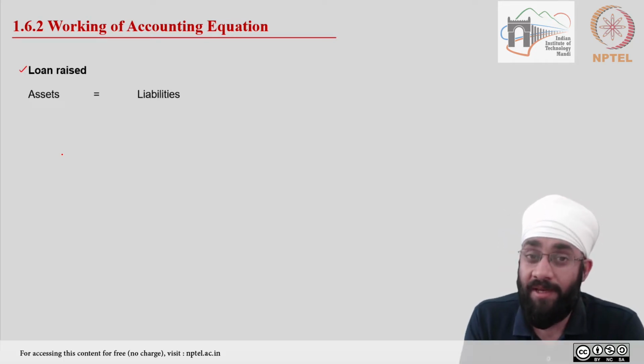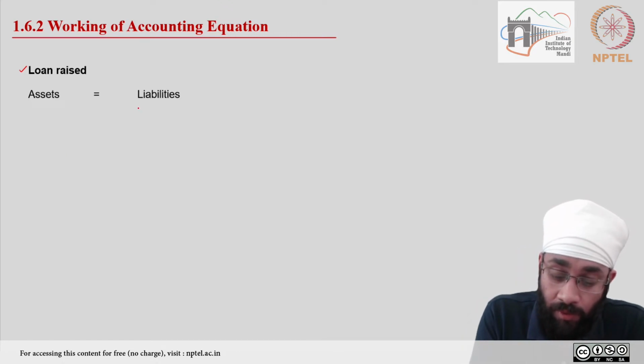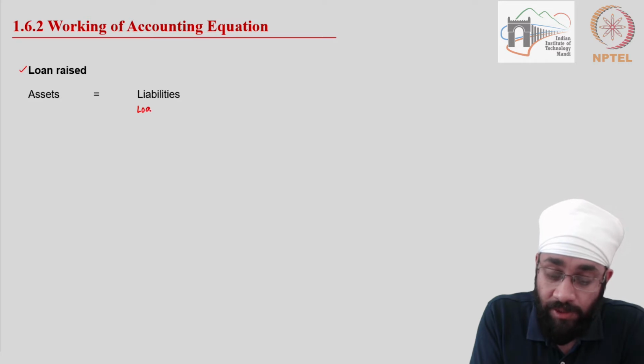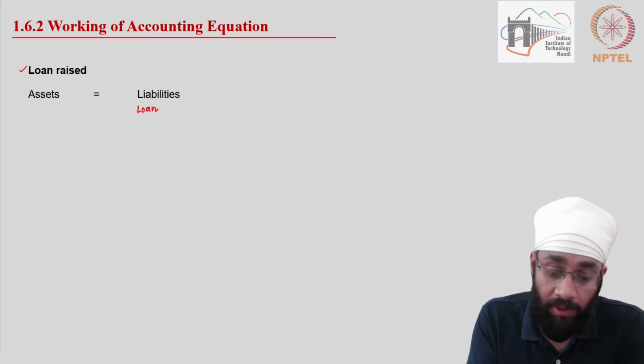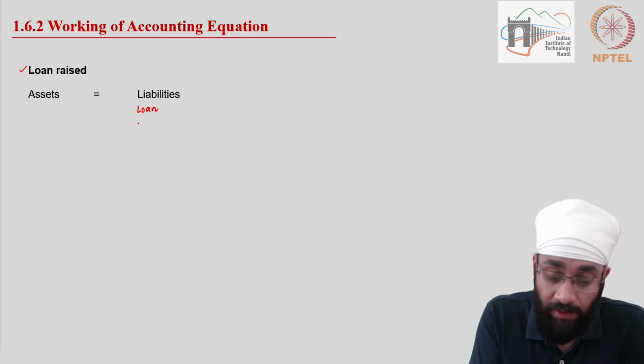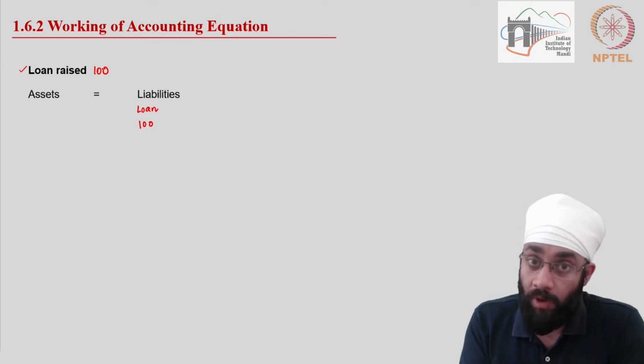When a loan is raised, we know loan is a liability. We discussed that earlier. So on the liability side, there is going to be a liability called loan. If the amount given to you is, let's say, 100, there is a new liability equal to 100.